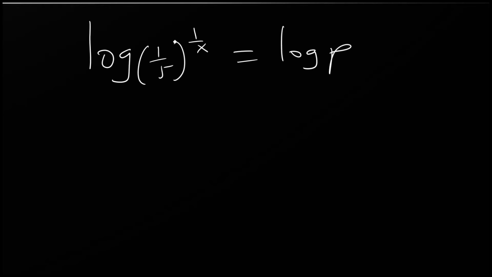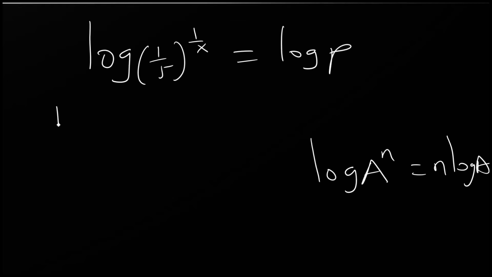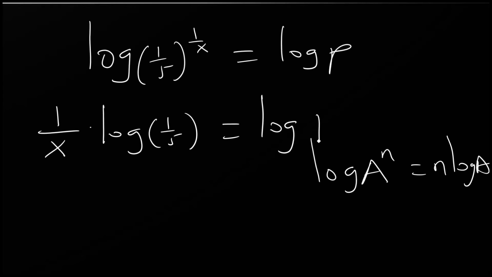So this one is a power rule. Now log a to the power n is the same as n log a. So that will be 1 on x times log 1 on 5 equals log p.